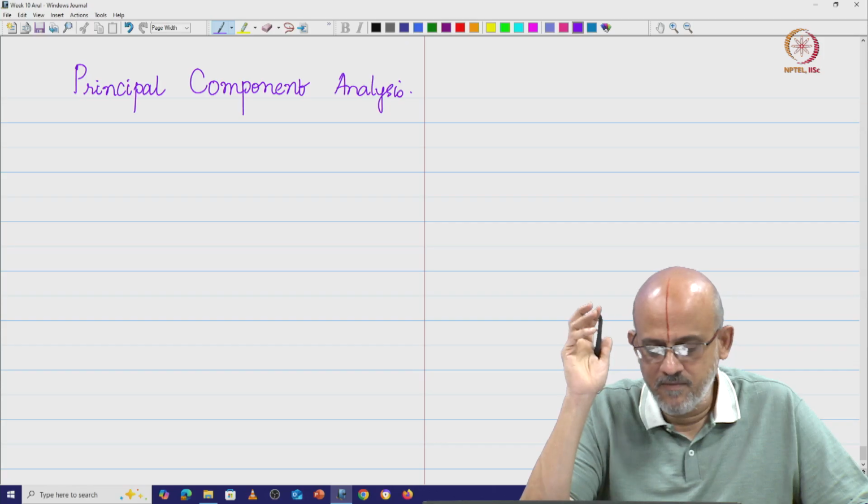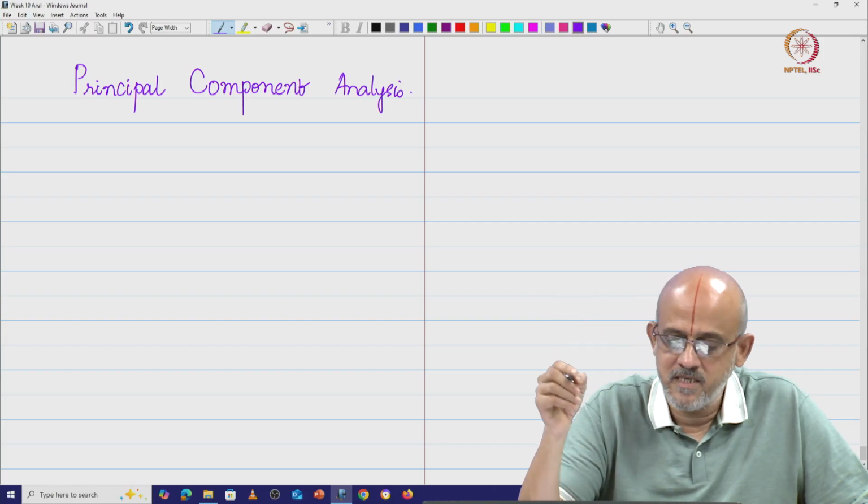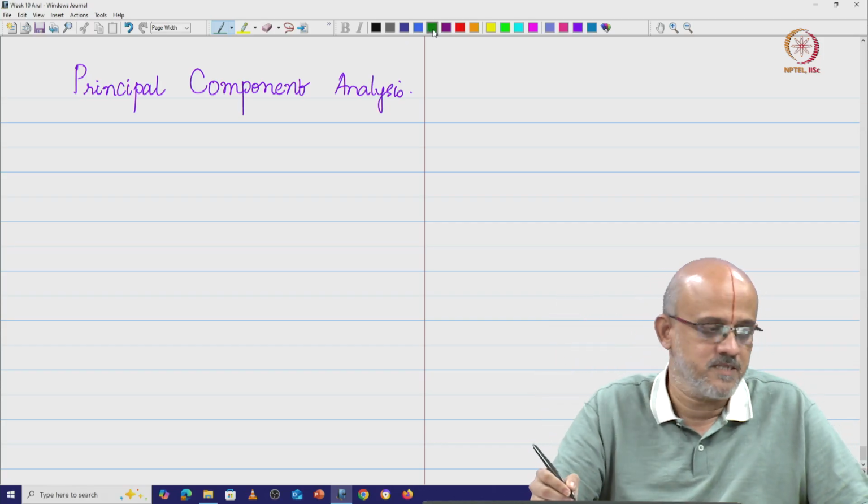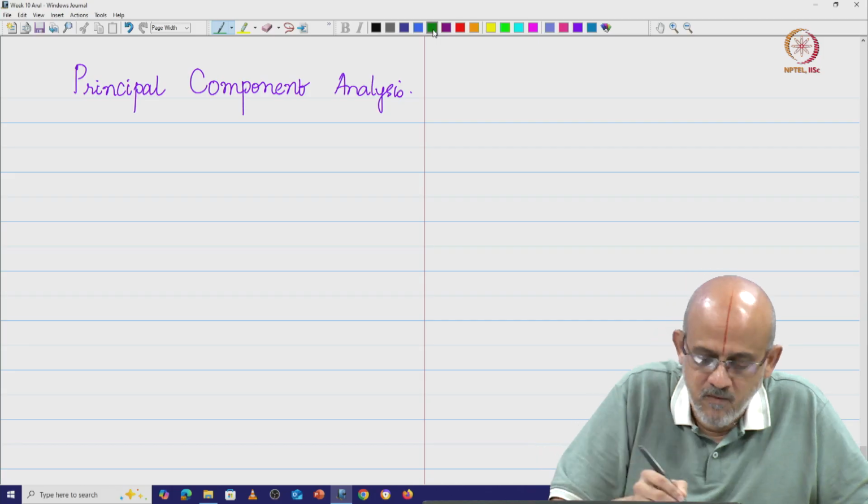So, what is it that we are going to do? The first thing that we need to understand as far as the covariance matrix and PCA are concerned is, what is the goal?